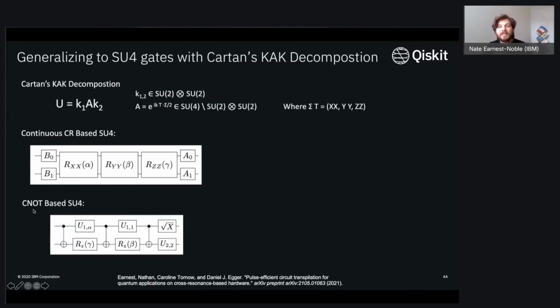When I map it to the standard CX basis gate set, this is what you see here, where you have CXs with single qubit gates. Whereas when you do the continuous basis gate set version, where you have RXX, RYY, or RZZ, you can use these pulses to map instead. What's nice is that as long as these alpha, beta, and gamma end up being smaller angles, then as I mentioned earlier, this allows the implementation to have a shorter duration than the CX version.